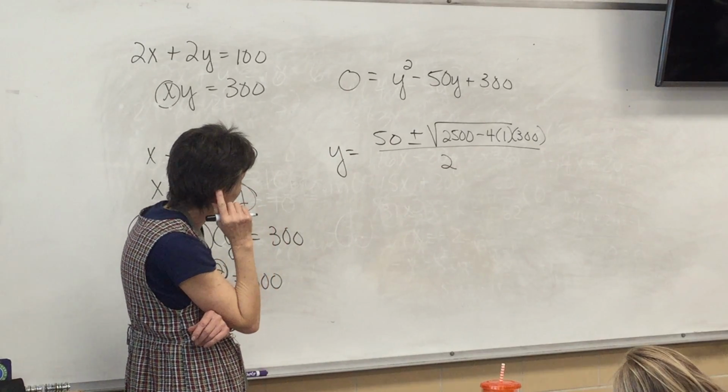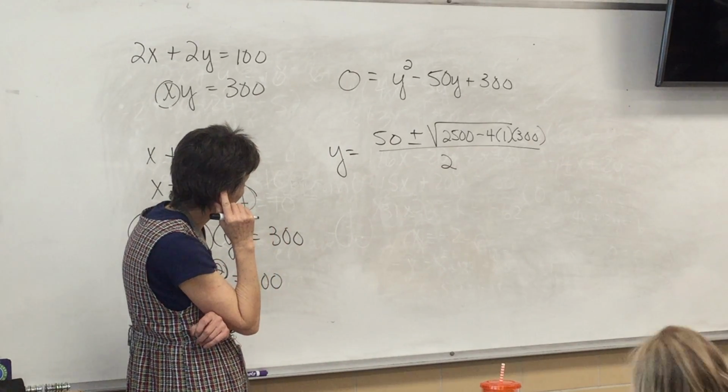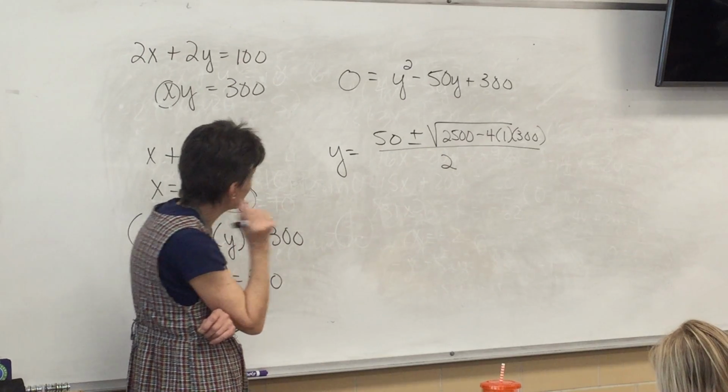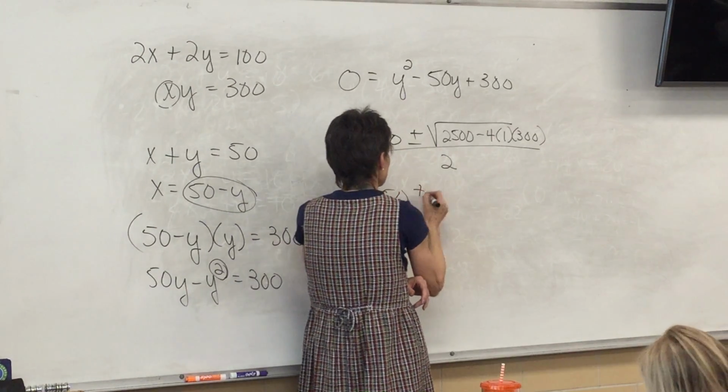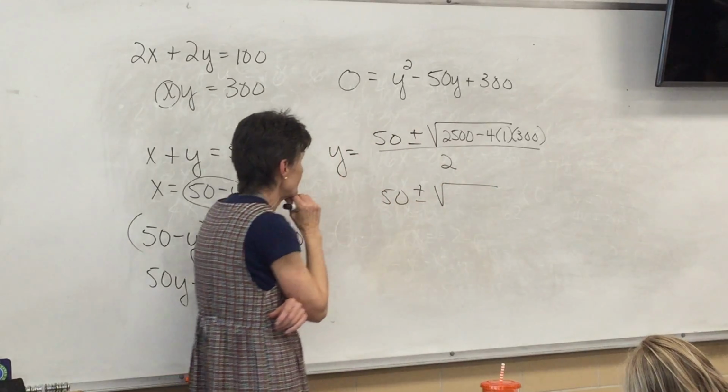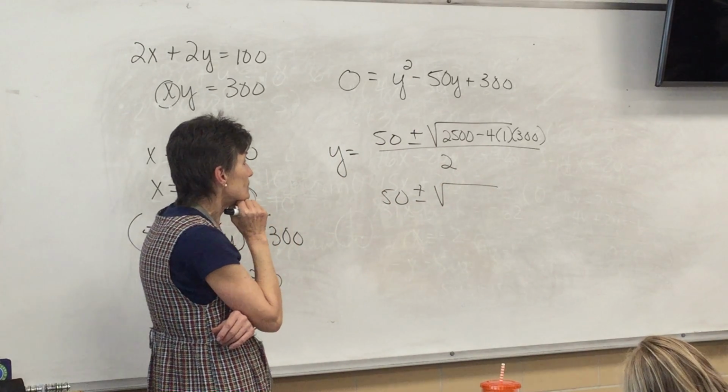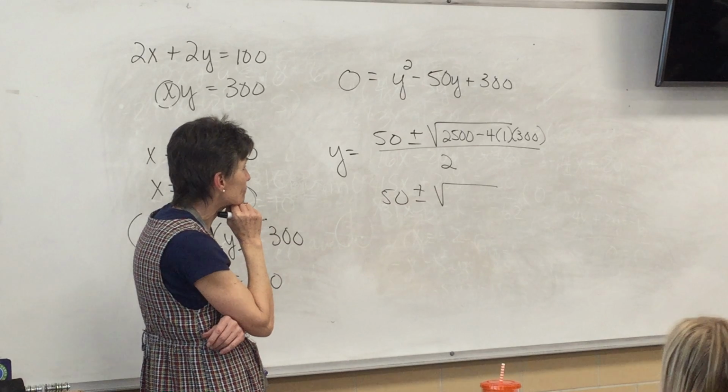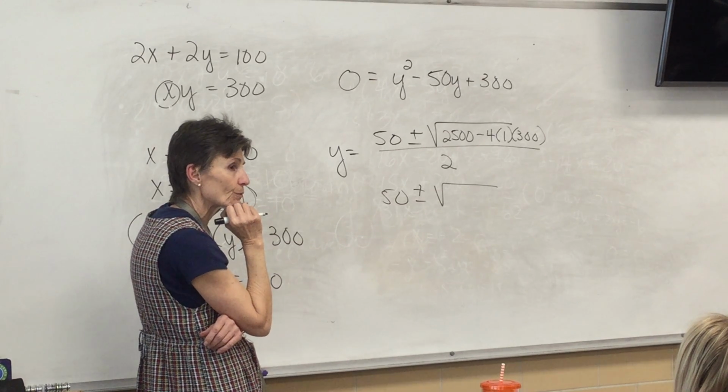Check my arithmetic. You have a calculator. I did that in my head. Did I do that right? 2,500 minus 4ac. So that's 50 plus or minus the square root of 1,300.